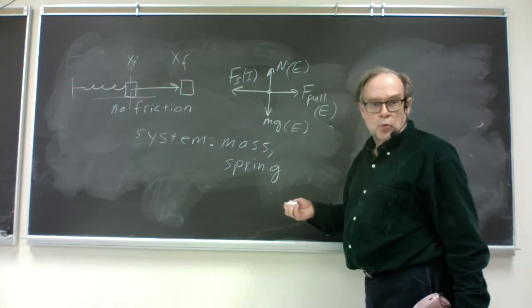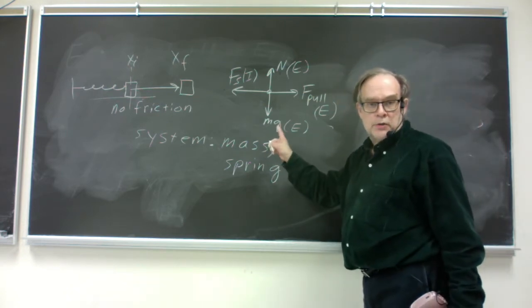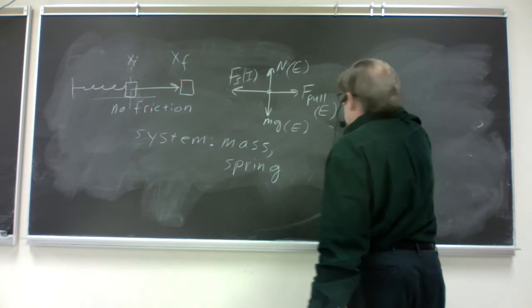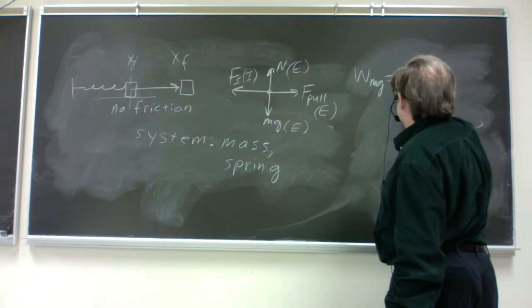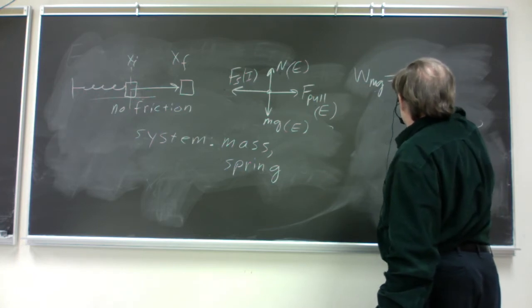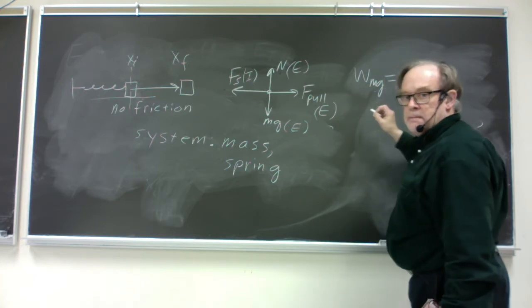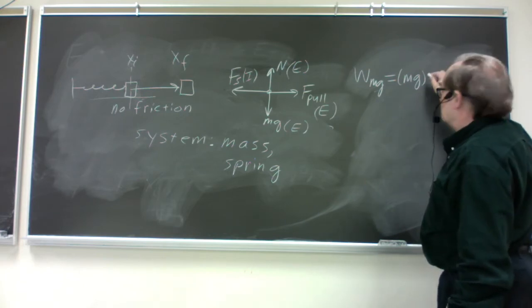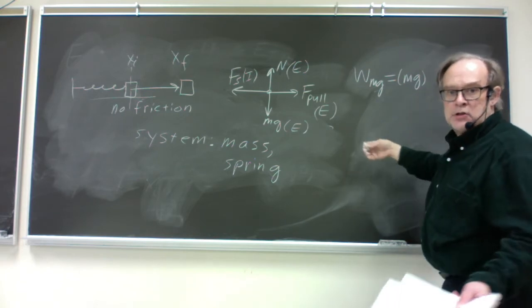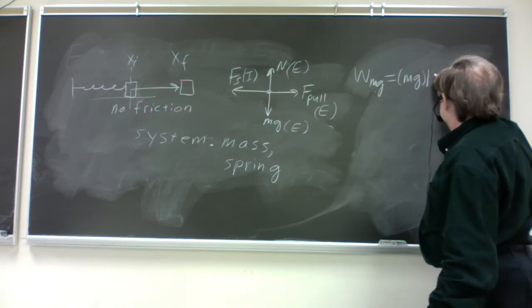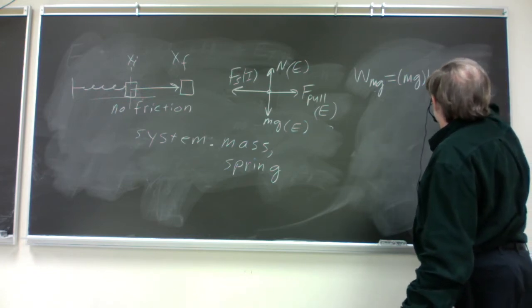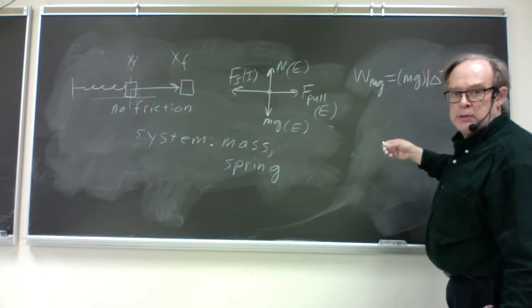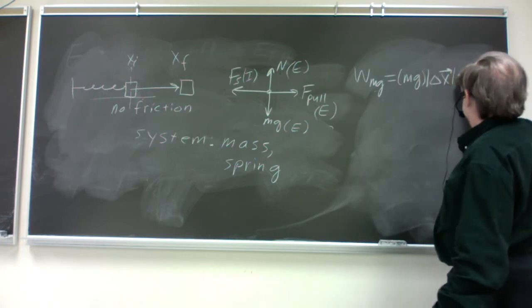Remember our rule for work and apply it to the weight force. The work done by weight is equal to the magnitude of the weight force, m times g, times the magnitude of the displacement, which is just the absolute value of delta x, times cosine of the angle between displacement and force.